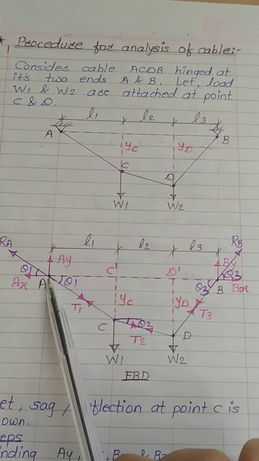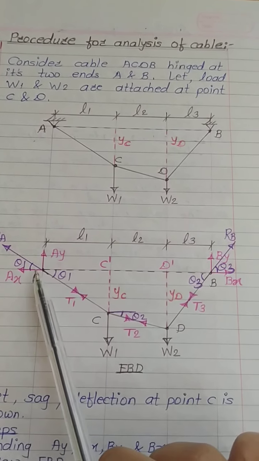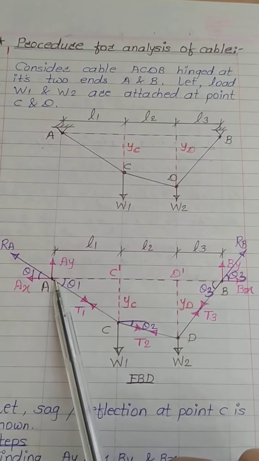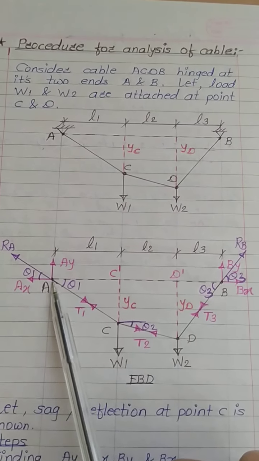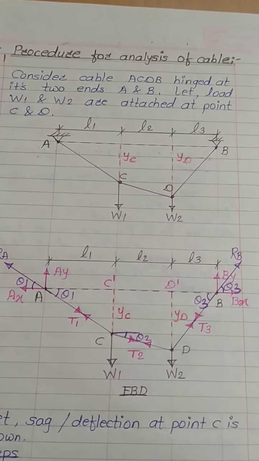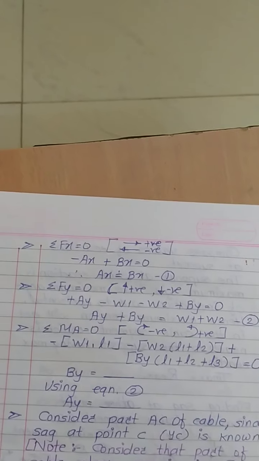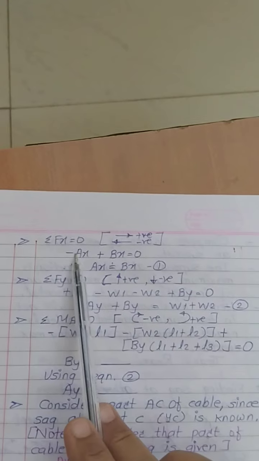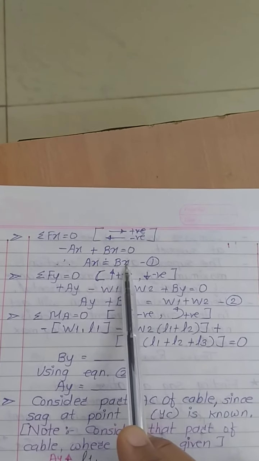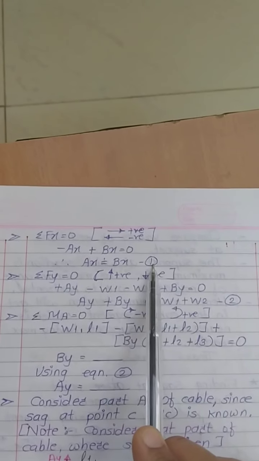According to my sign convention, after applying the equilibrium condition summation Fx equals 0, my condition will become minus AX plus BX equals 0. I have written the same here, minus AX plus BX equals 0. So we can say AX equals BX. This is my condition number 1.